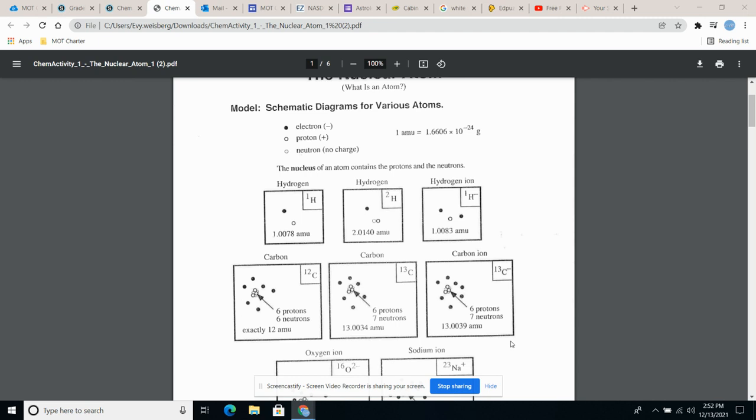And so doing so, you should find that carbon 14 should be 14 AMU and a little bit more, because it has 14 particles in the nucleus, so it has to be at least 14 AMU. And it should land somewhere around 14.0068 AMU.